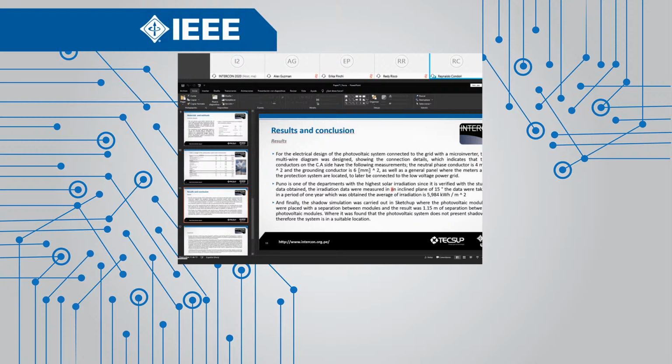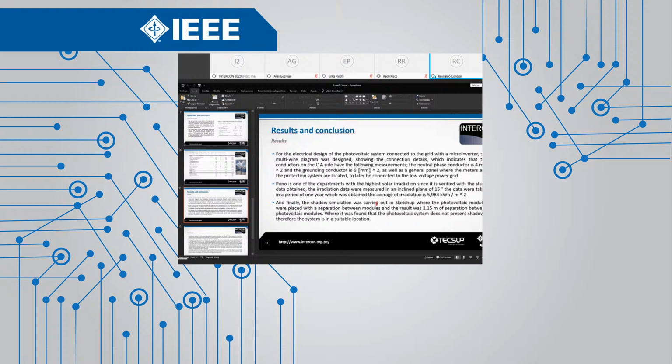The neutral phase conductor is 4 millimeter, and the grounding conductor is 6 millimeter. As well as a general panel, the meter and the protection system are localized to later be connected to the low voltage power grid.